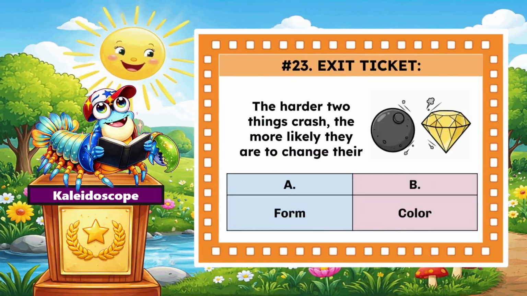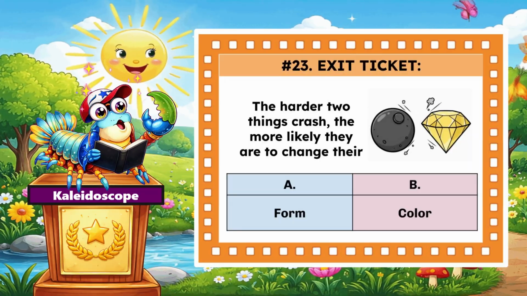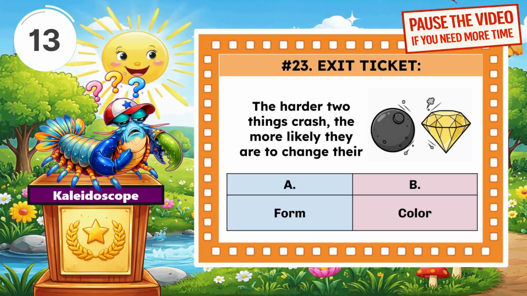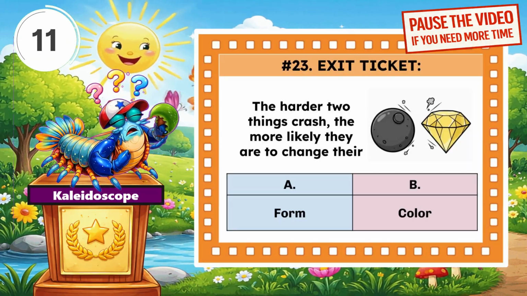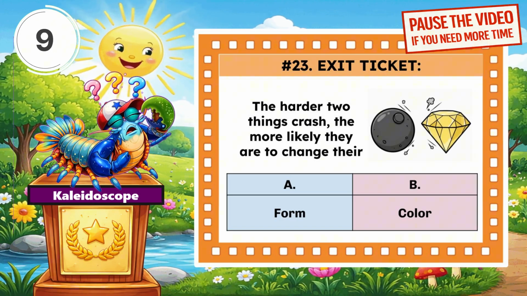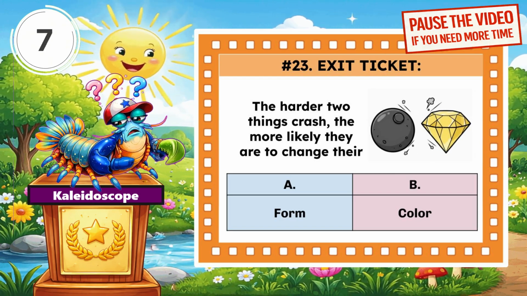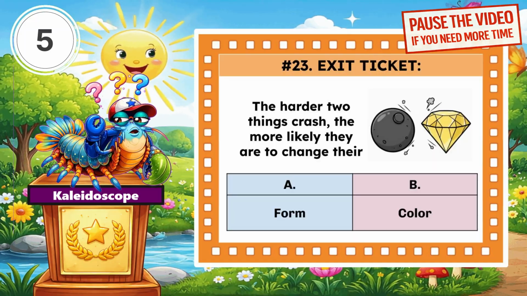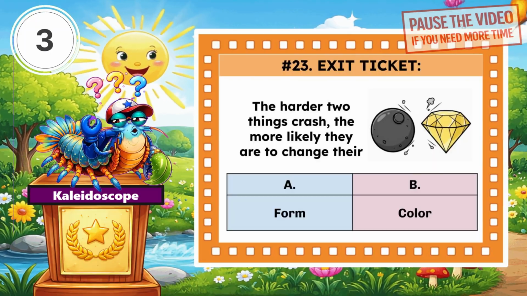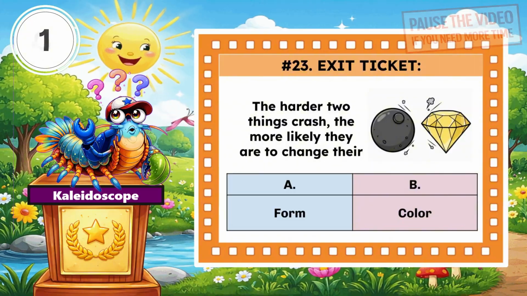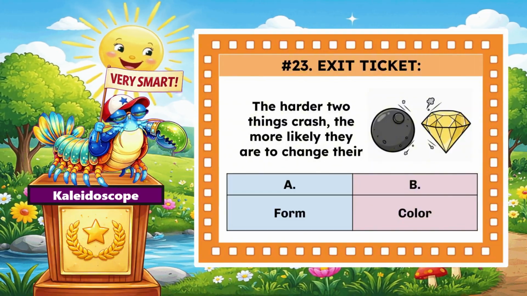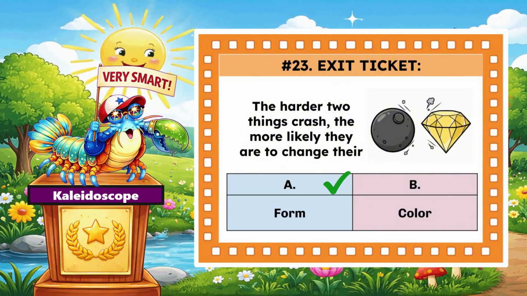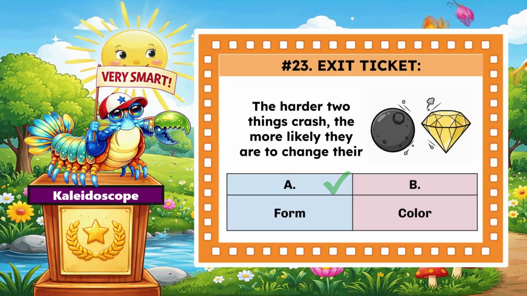The harder two things crash, the more likely they are to change their blank. And the correct answer is letter A, form.